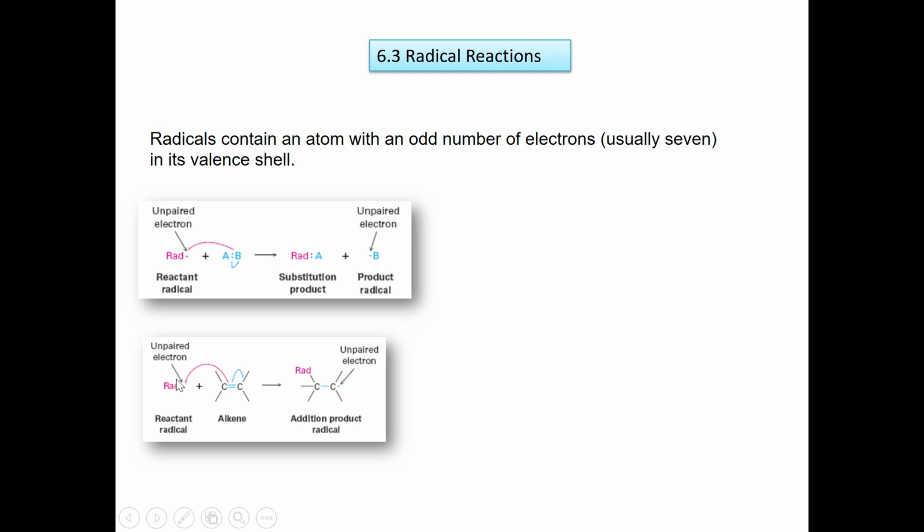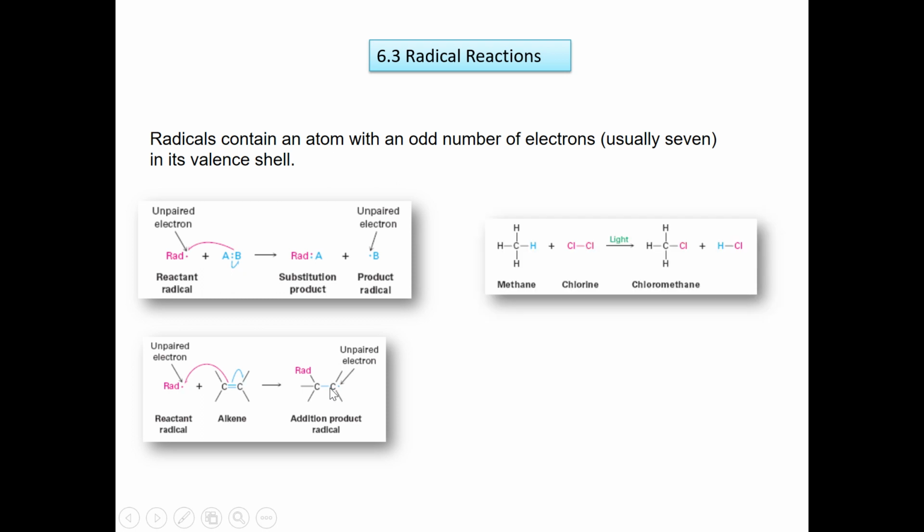Or basically a radical attacks one double bond and we generate another radical in the other carbon. Or basically, when we attack this with light, we form a radical here, and then we transfer one chlorine to one of the hydrogens.